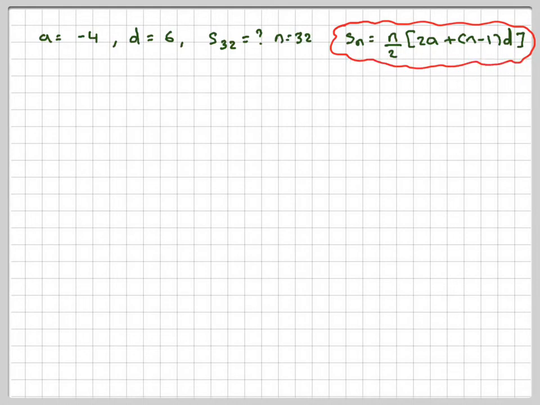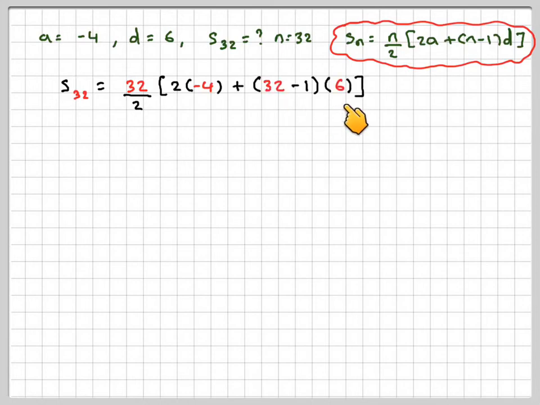Substituting that information into this, we've got S32 is equal to 32 over 2 times 2 times -4 plus 32 minus 1 times my common difference, which is 6. 32 over 2 is going to be 16. 2 times -4, which is -8.